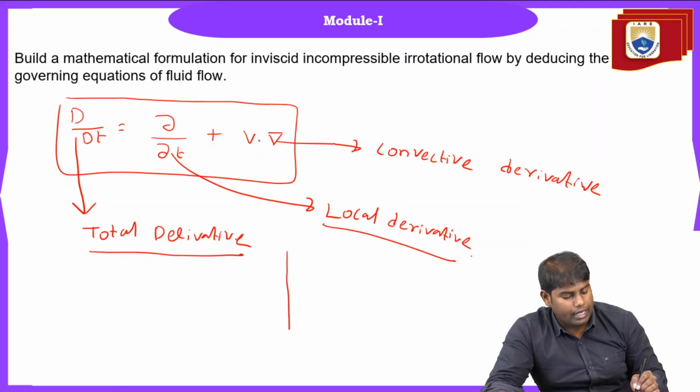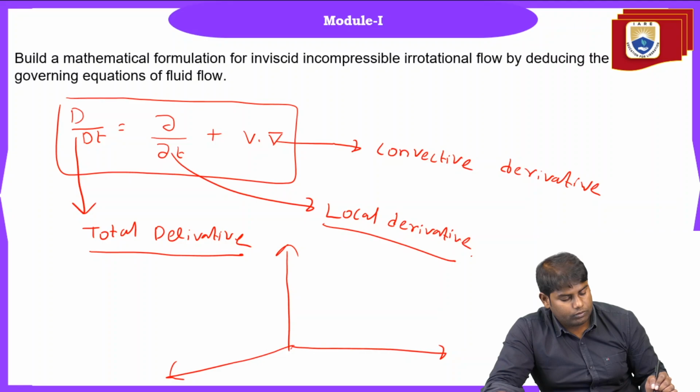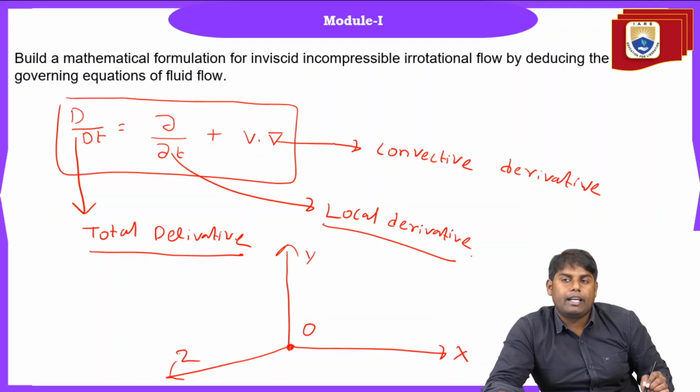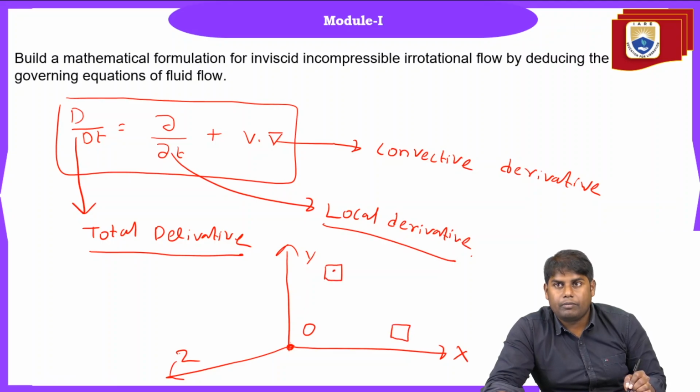So let me draw a diagram. Here you get to know. So if you take this as origin, x-axis, y-axis, z-axis, you take a fluid particle here, and this is going, let's say, in this way.